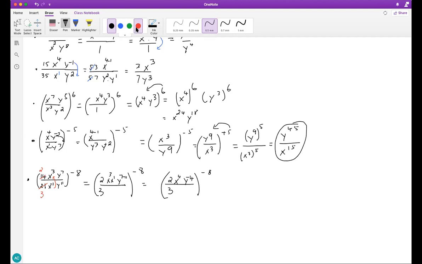So before we deal with the outside power, let's first make everything positive here. One thing needs to be moved down. That's the y, right? Because we end up with a negative. Yes, need to move it down to make it positive. Again, that -8 is still here. So 2 over 3, x to the 4th, and y to the 4th here.